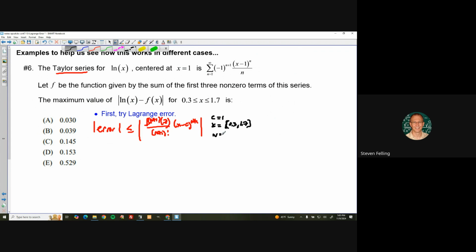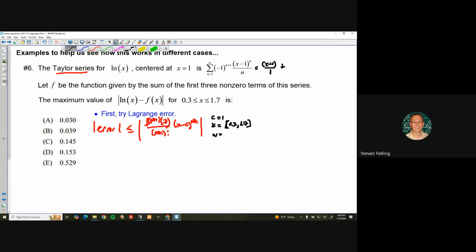And then it says that this is the first 3 non-zero terms of the series. So I think we have to write these terms out and see what the degree is. So if I start with a 1 here, this is going to be 1 squared, so that is 1, so positive. And then this is going to be x minus 1 to the first power, so it's x minus 1 over 1. Right? That's the first term.